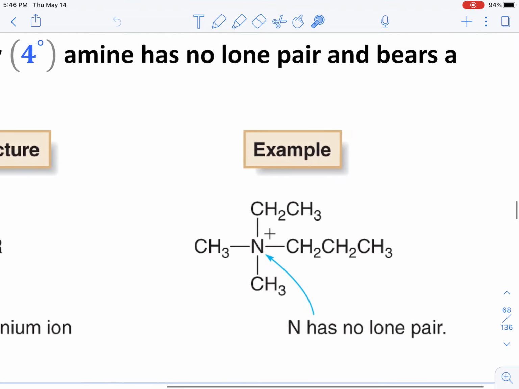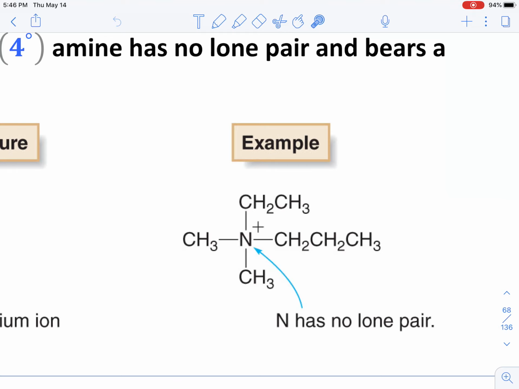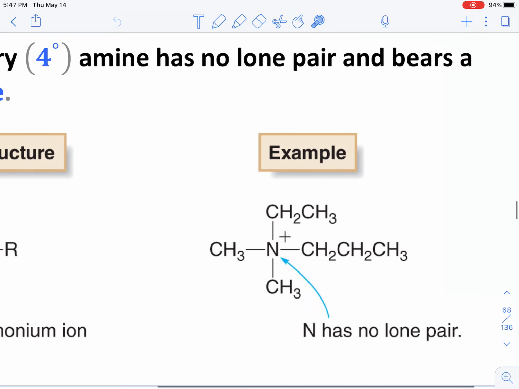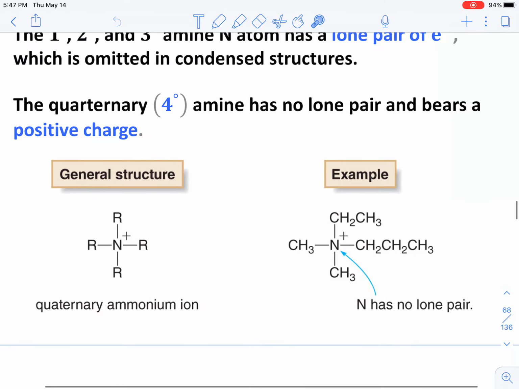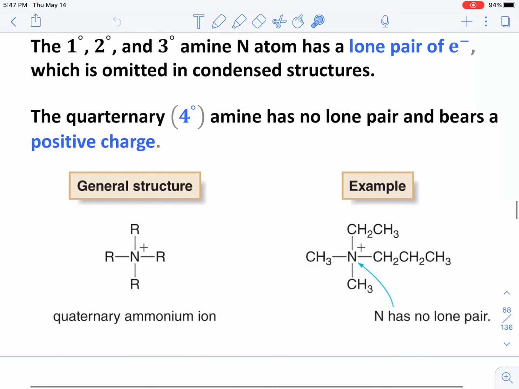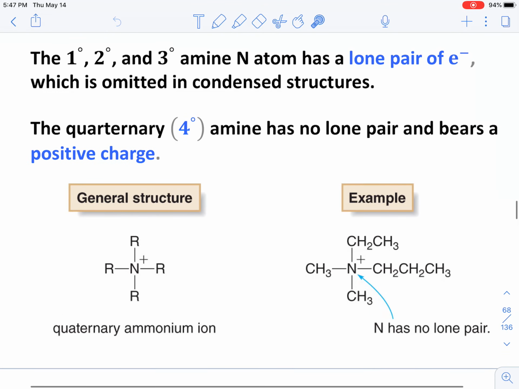This is an example of a quaternary amine. Notice that there is a positive charge on this central nitrogen, and there is no lone pair present in a quaternary amine, because one electron from that lone pair was used to create the covalent bond between the nitrogen and the 4th R group.